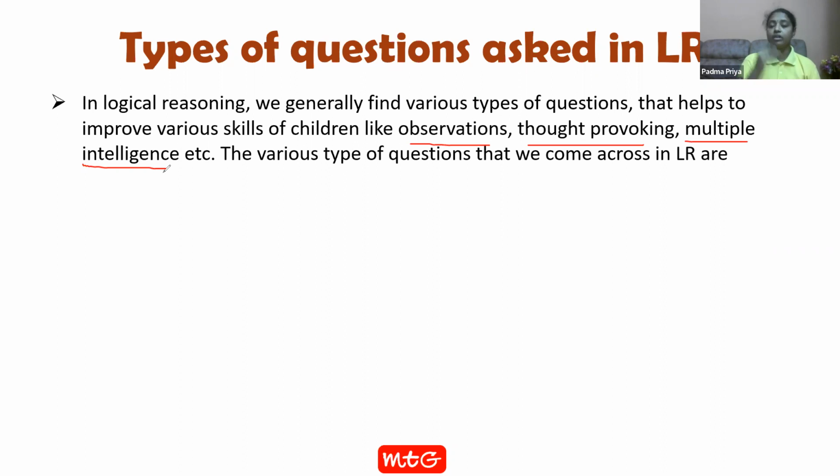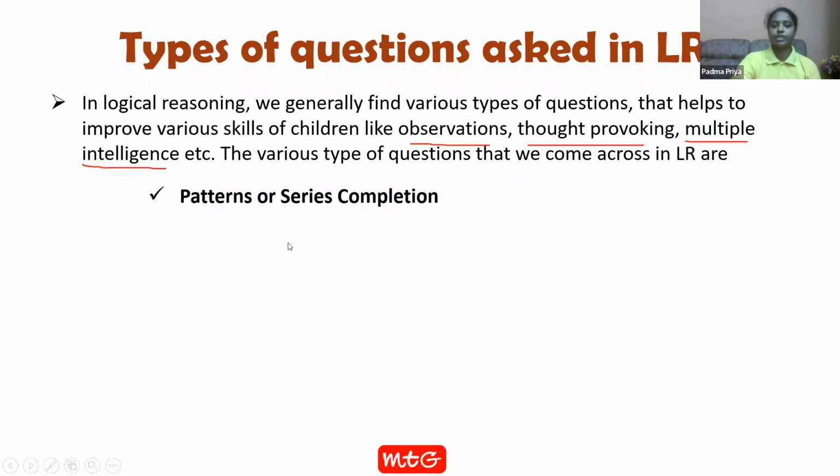Certain questions will be thought-provoking, which means they help you think how differently you can use your basic knowledge. Multiple intelligence: how to correlate numbers with alphabets, numbers with symbols, shapes with numbers. So your multiple knowledges are being correlated. That is multiple intelligence.